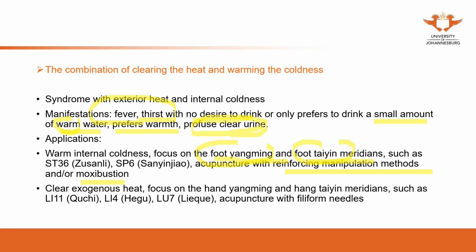In the meantime, we can focus on the hand Yangming, large intestine, and hand Tai Yin, the lung meridian, such as large intestine 11, large intestine 4, and lung 7. Acupuncture with filiform needles. For lung 7, we can use the reinforcing and reducing technique according to the direction.